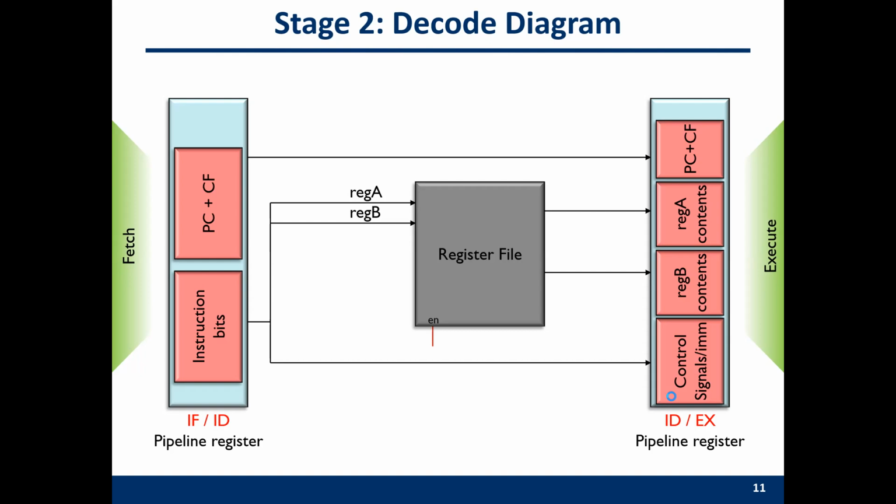So it's possible for us to calculate something like B plus 1 and store the result in A. Here the 1 is a constant, and this is an immediate in these bits when we do the decoding.